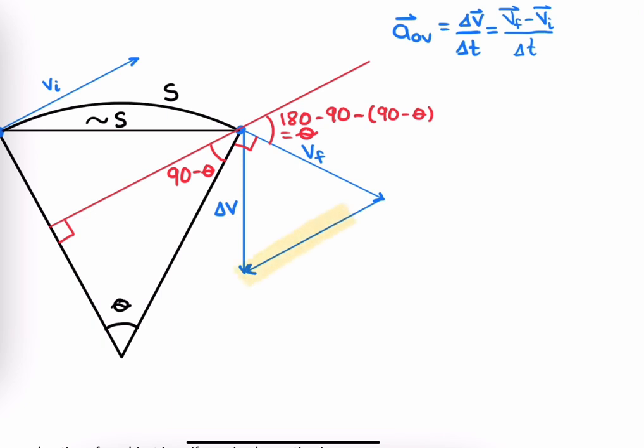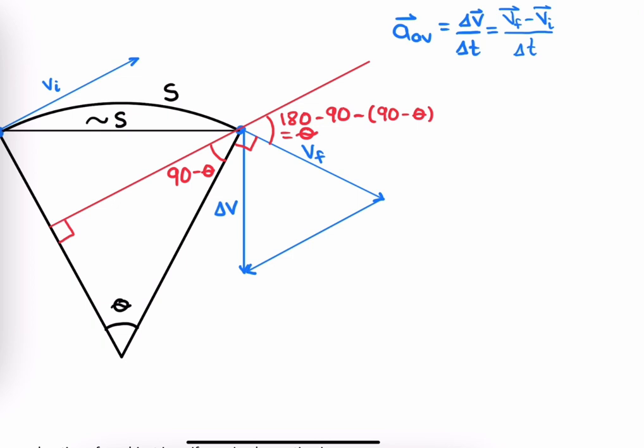This blue line was VI, which is this guy up here, and that's also going to be perpendicular to the radius of the original circle. So if these two lines are both perpendicular to the same line, that means they actually have to be parallel with each other.